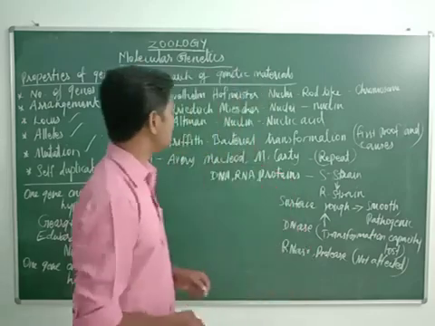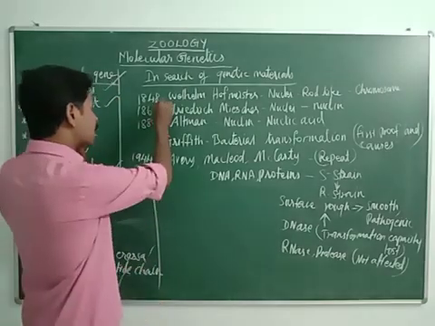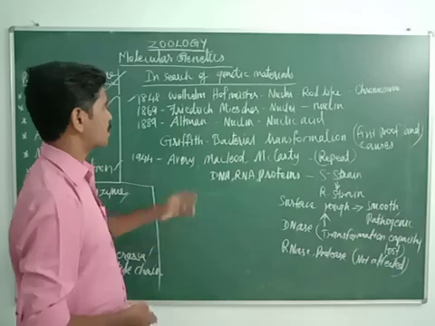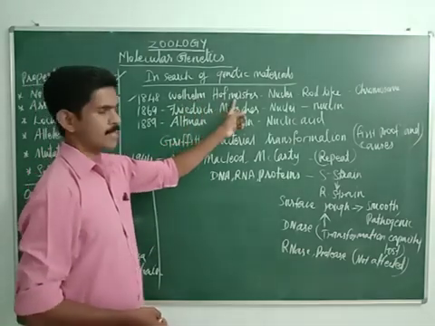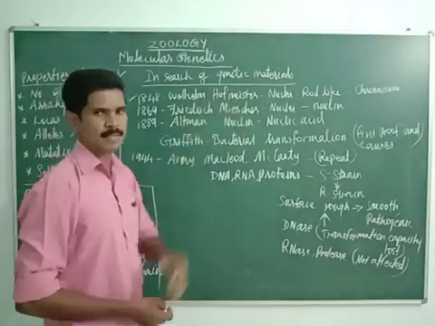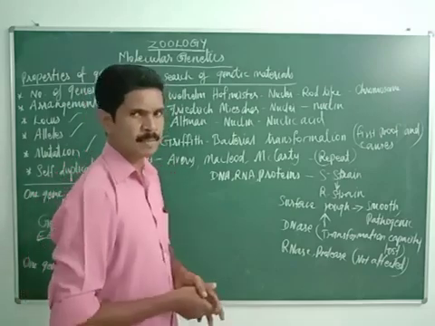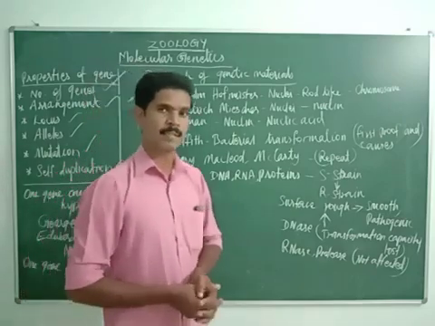So listen very carefully. In the year 1848, one scientist, Wilhelm Hofmeister, observed one important factor in the cells.